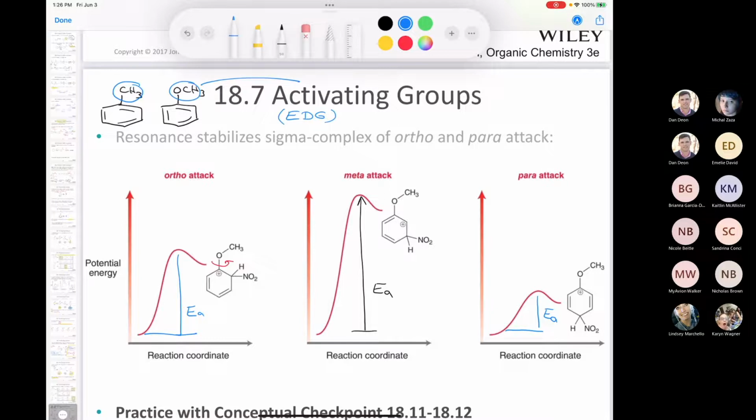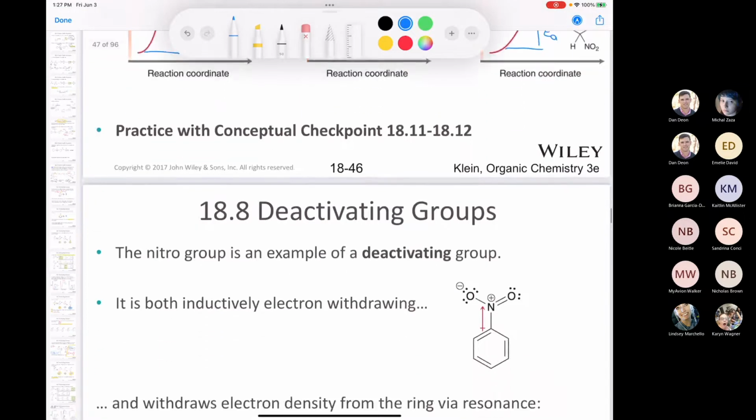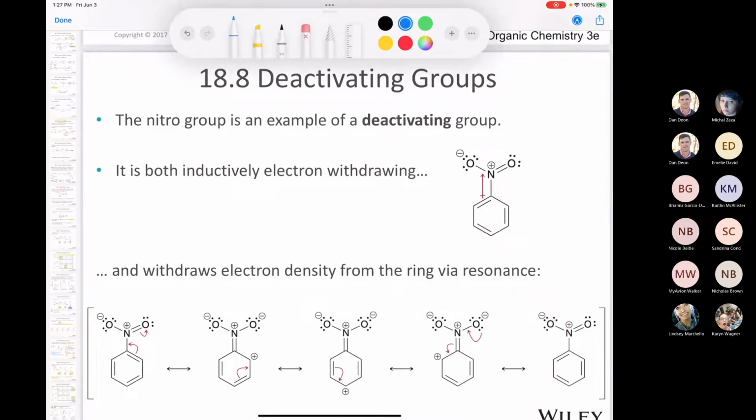And therefore, I'm sure that you can imagine if we have a deactivating group, I bet you can guess what it is. It's an electron withdrawing group, and you would be 100% correct. What's an example of a very strong electron withdrawing group? The thing that would pop into my mind most of the time would be a nitro group.